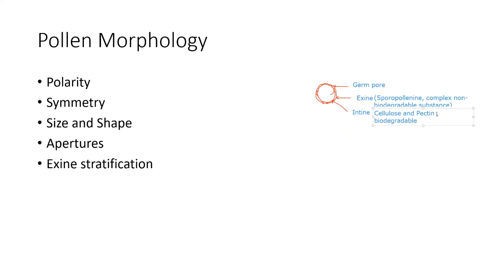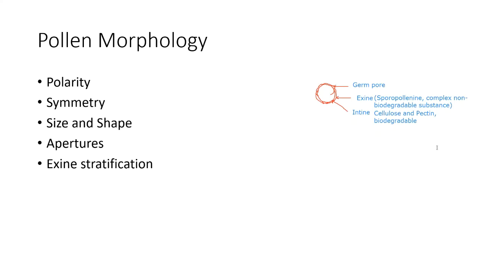There is no problem as such. Intine will definitely break down, but the exine will remain as it is. Okay. So these are the two coverings or walls together called sporoderm. The outer layer is called exine, whereas the inner one is called intine.